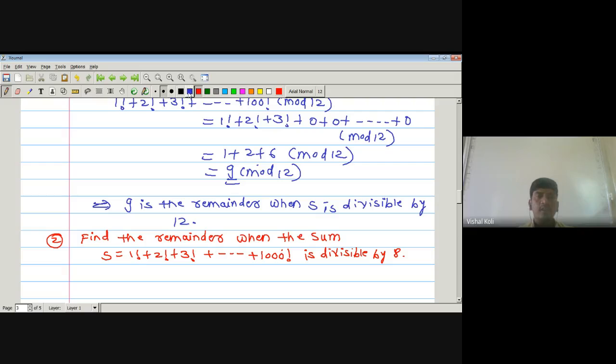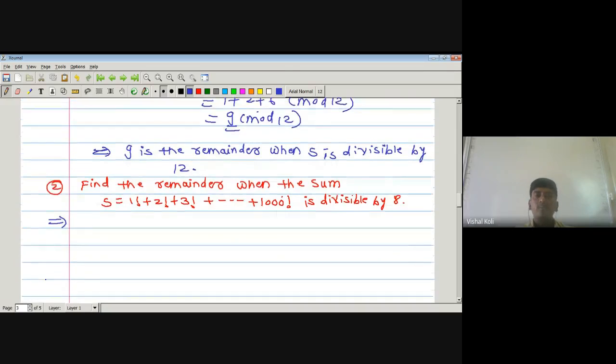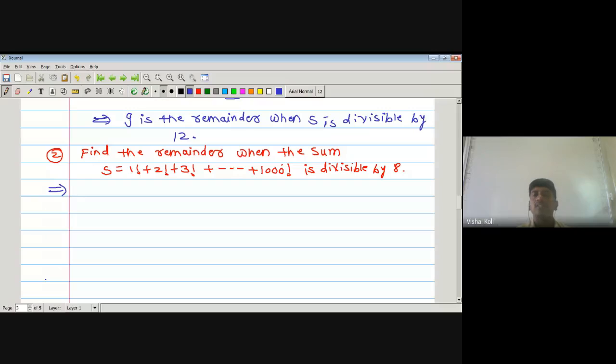Okay, here we have to again use the same rule, same procedure. That is, what should be the value of k for which k factorial is divisible by 8?